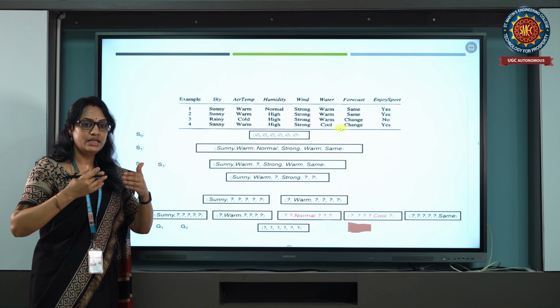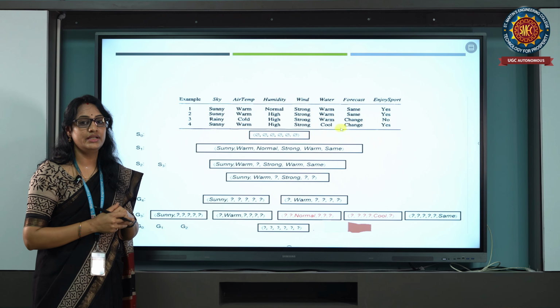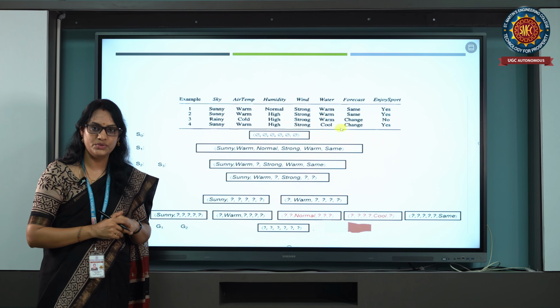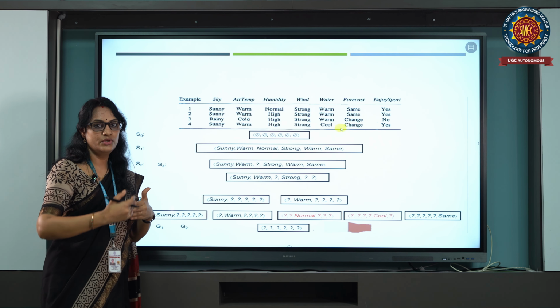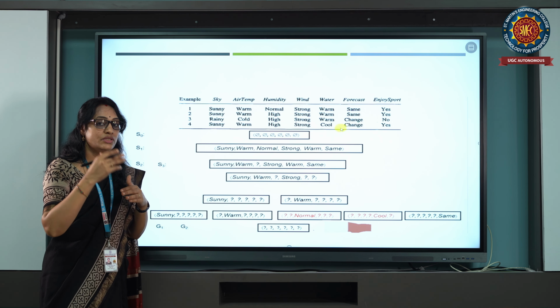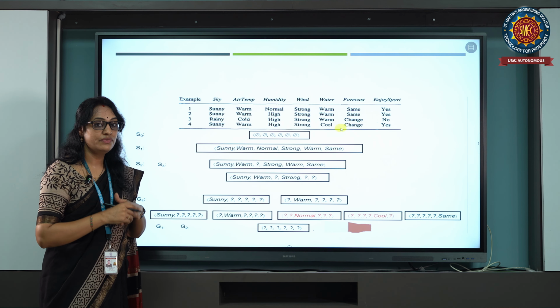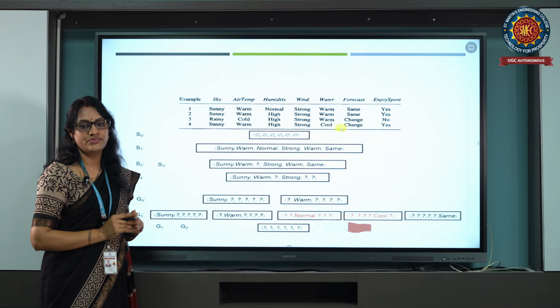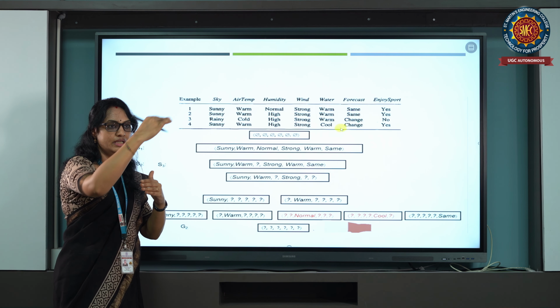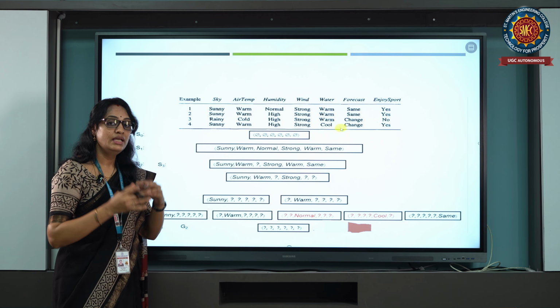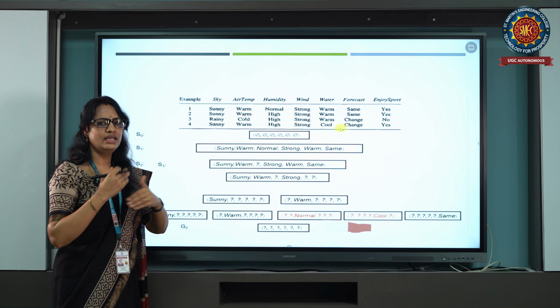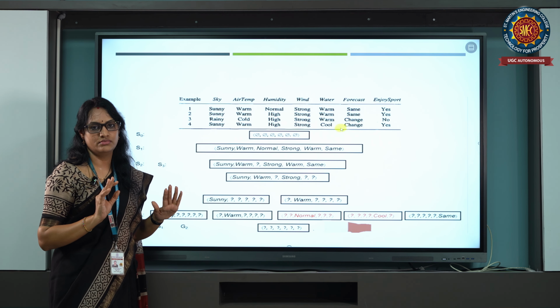Repeat this. Then coming to negative: if you get a negative example, what do you have to do there? Till now I have told you that for positive examples you go to the most specific hypothesis. For the negative example, first you have to jump to the most general hypothesis and check whether it is consistent or not. Next you have to come to the most specific hypothesis. This process will repeat until you get a solution.